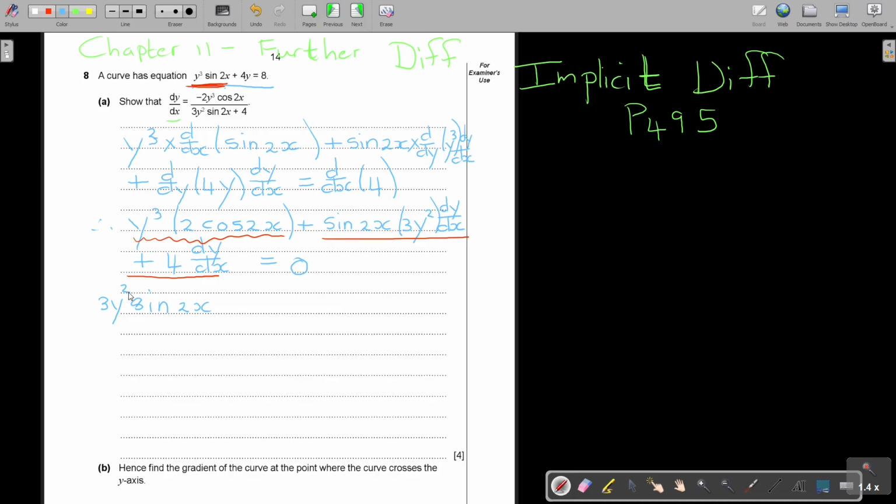This is still dy over dx. I'm doing an unnecessary step; I could have done it in one. Then that's also the 4 dy over dx. And I take the other term over, and now again, do you see there's a 2 and a y? So let's just make it negative 2y to the power of 3 cos 2x.